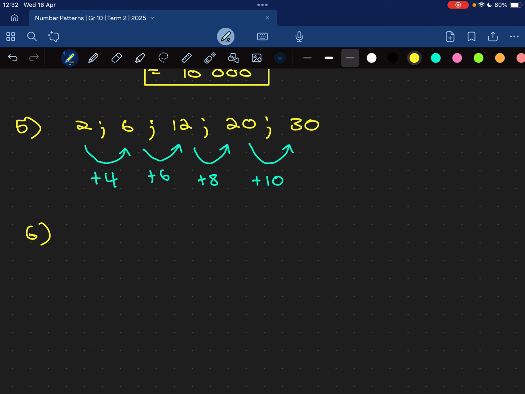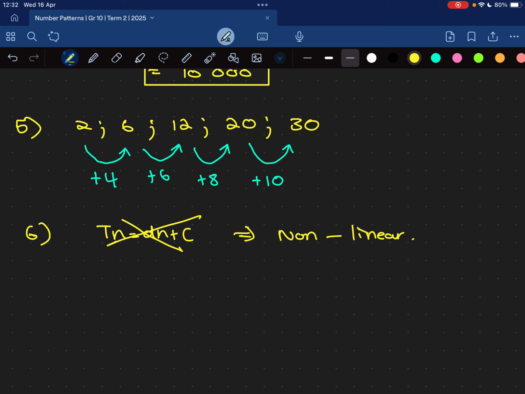Okay, so we can see that, of course, first of all, the pattern is nonlinear. So Tn is equal to Dn plus C is not going to work, and the reason why is because this pattern is non-linear. Okay, so the methods that we used are no longer applicable.